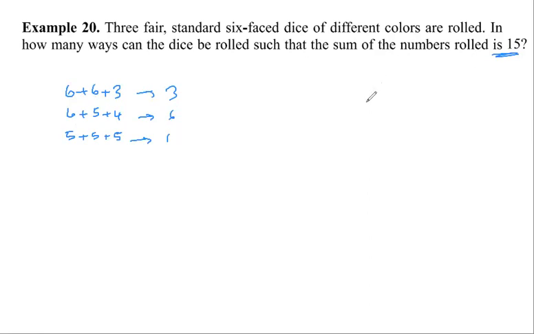That's the answer. But instead of doing this, let's remember x1 + x2 + x3 is 15. But since the largest number is 6 for each of these x's, if you choose the largest value of these numbers, you get 18. And I will say instead of dealing with that, x1 prime, x2 prime, and x3 prime could sum to 3.